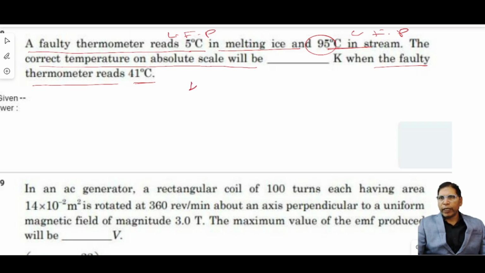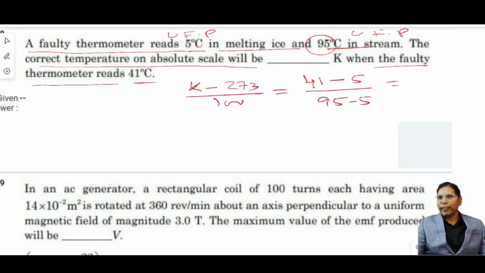For a Kelvin scale, K minus 273 divided by 100 equals 41 minus lower fixed point 5, divided by upper fixed point minus lower fixed point. So look at this, 36 by 90. Now this and this cancel out, this is the 5 and this is the 2.